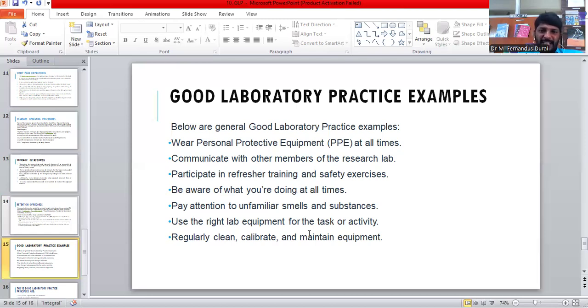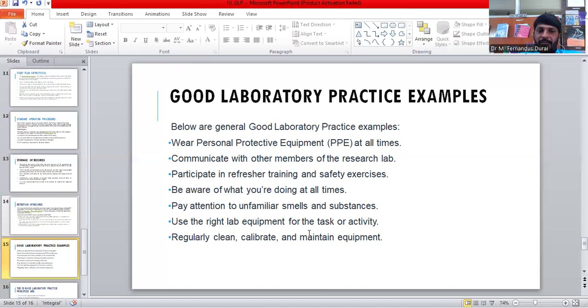We are going to do this in practice. Be aware of what you are doing at all times, whether it is clinical or non-clinical, a drug or a food. So when we are going to perform the composition of the sample or quality of the sample, you should be aware of what you are going to do.